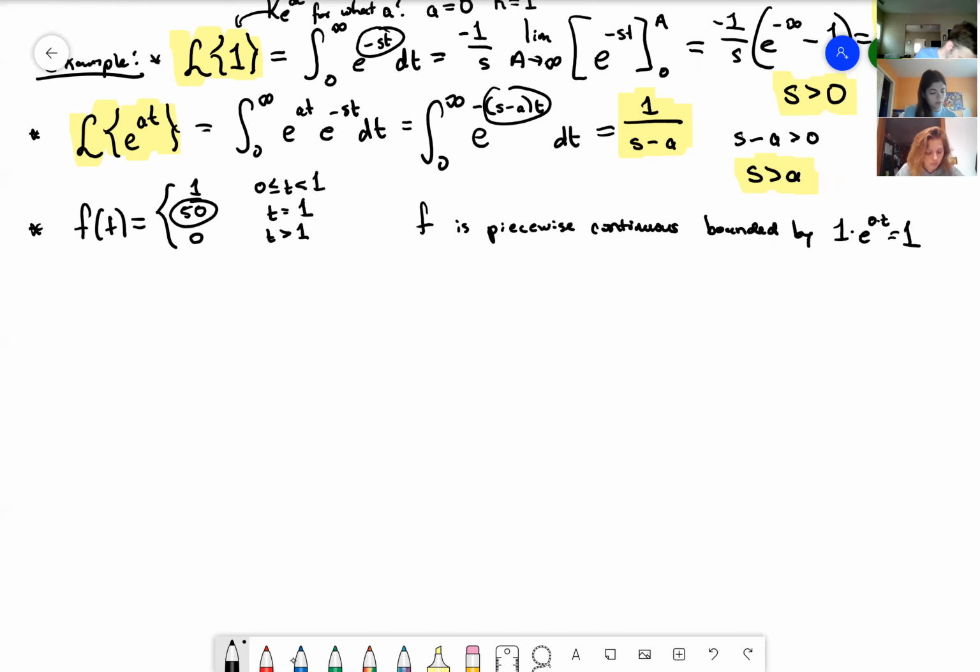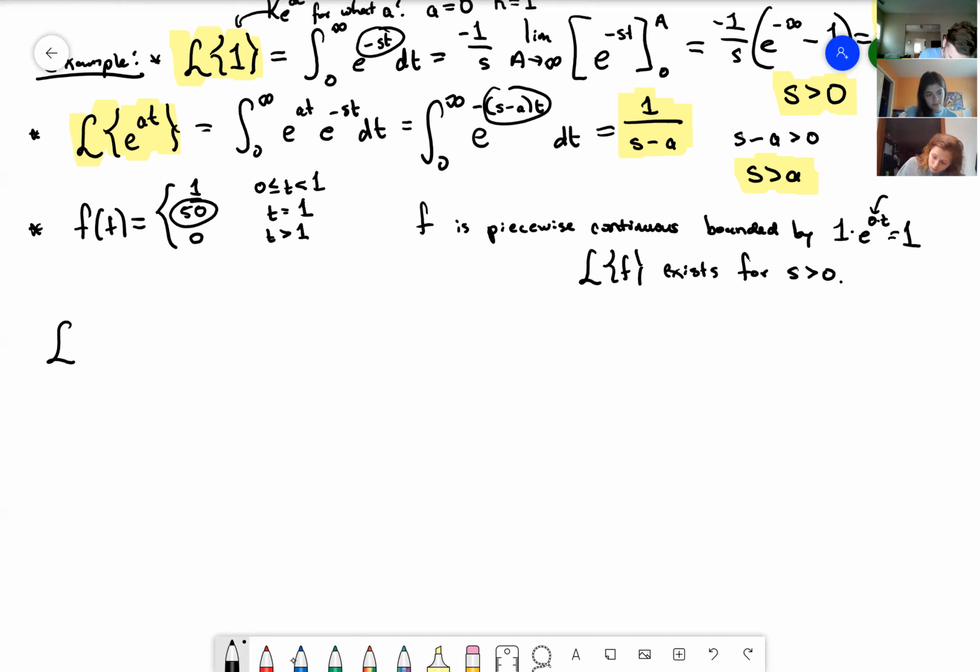Let's see what we can do with this. First of all, we know that the Laplace transform of f exists for s greater than our rate of growth here, which is 0. So we know it exists, but we can do better. We can actually get it. So this is a piecewise function.